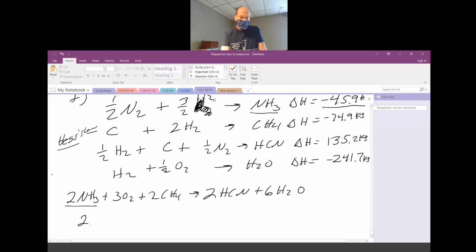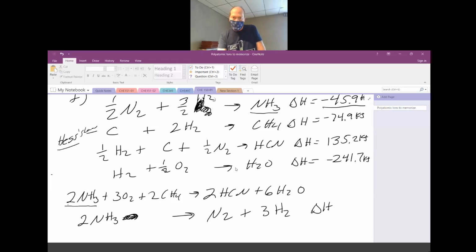And so we have 2 NH3 yields N2 plus 3 H2 with a delta H that is now positive and multiplied by 2. So it is a positive 45.9 times 2, which is a positive 91.8 kilojoules.